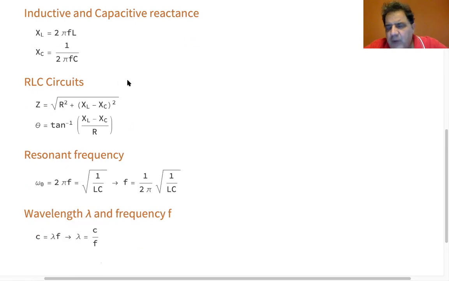Now, if you don't want the angular frequency, if you just want the frequency, it's 1 over 2 pi times the square root of 1 over LC.